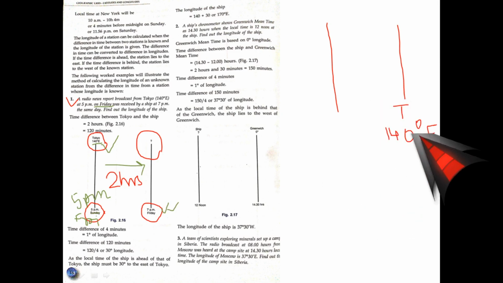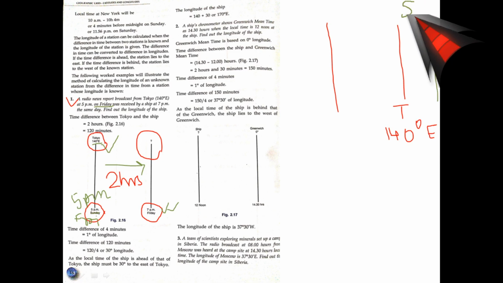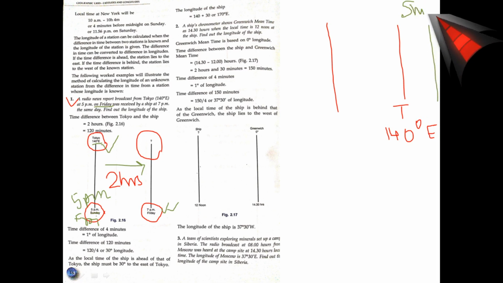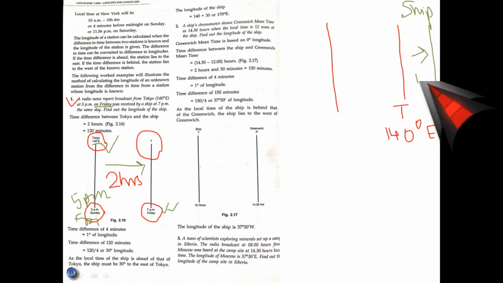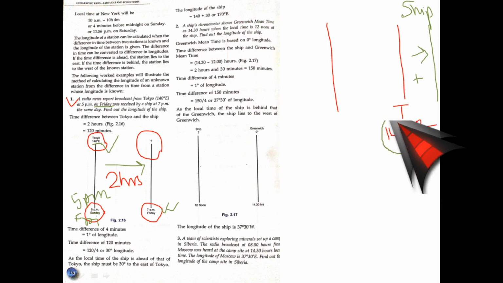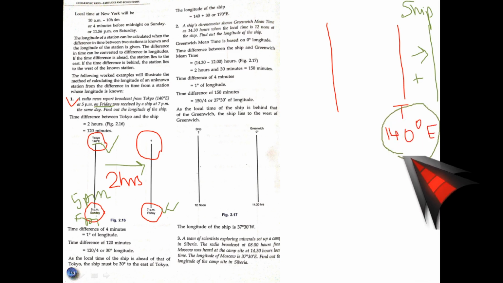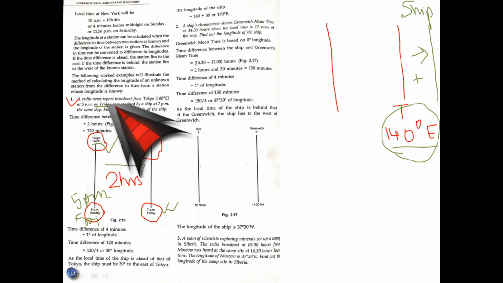That points out that if Tokyo is at 140° east, and the time is ahead, the ship is also situated farther to the east, as its time is already ahead. So whatever longitude we get will be greater than 140° east.